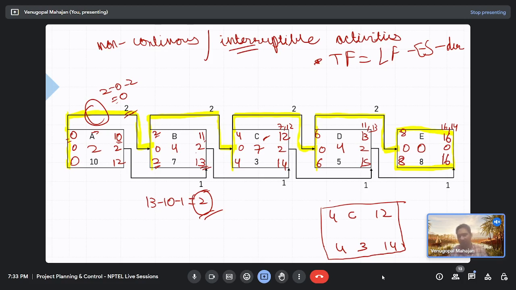I mean, we have been talking about it, splitting, not splitting. I have taken out C activity for you. The times are in front of you: earliest start, earliest finish, latest start, latest finish. Can anybody put in words what splitting of the activity means here?